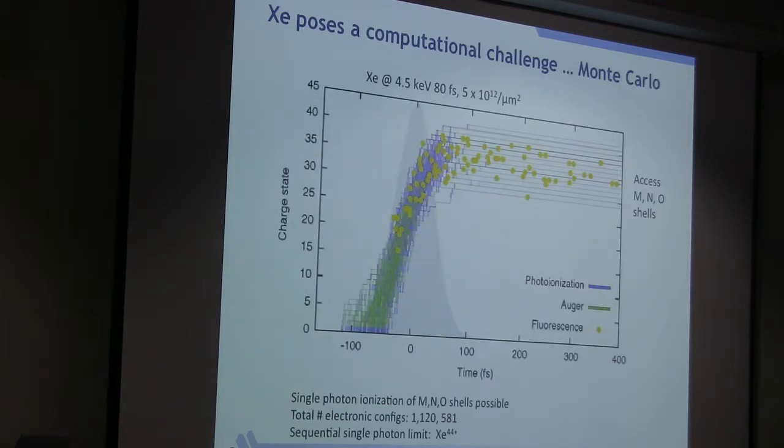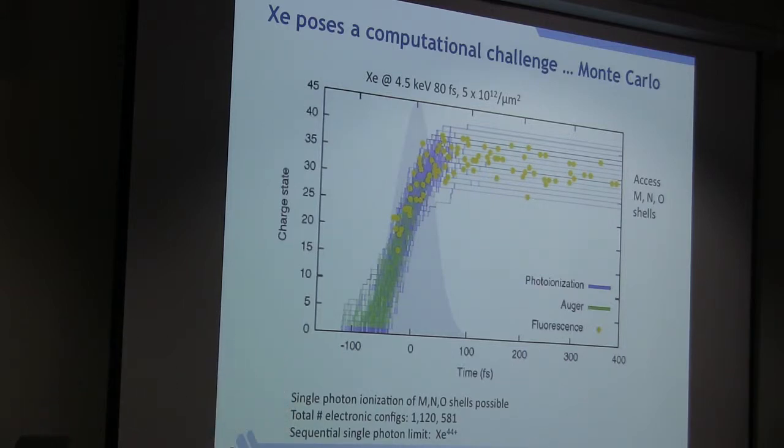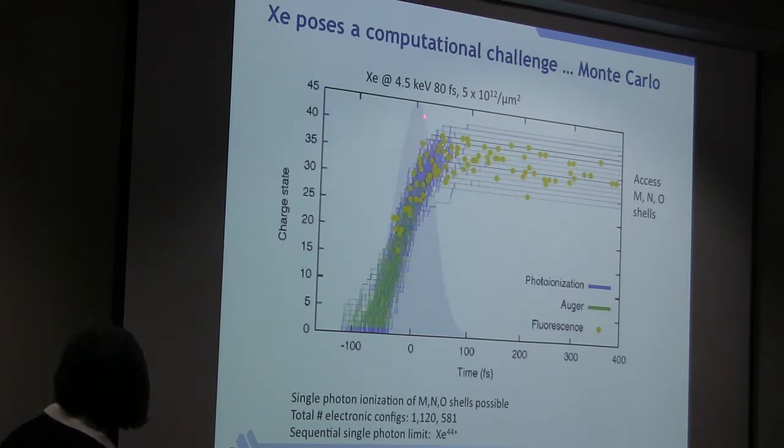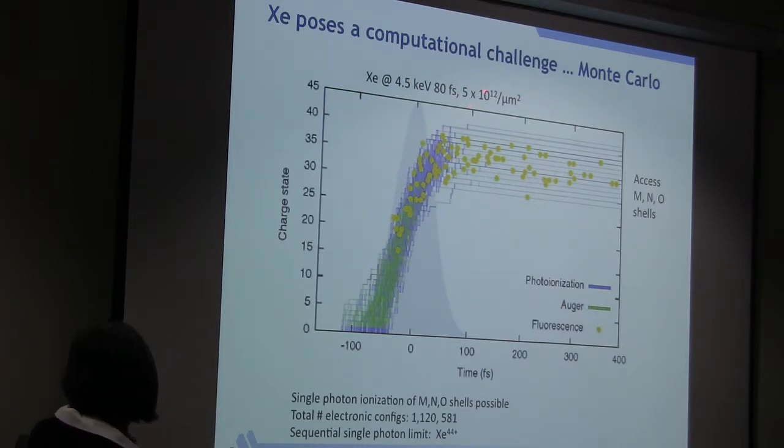Well, it's a computational challenge, and one that was solved by Sankil Sun and Robin Sandford at CFEL. But again, you can use these simple cross-section perturbative models. What you see is that here's this pulse. It's got a lot of energy in it, more than 10 to the 12 in a square micron.